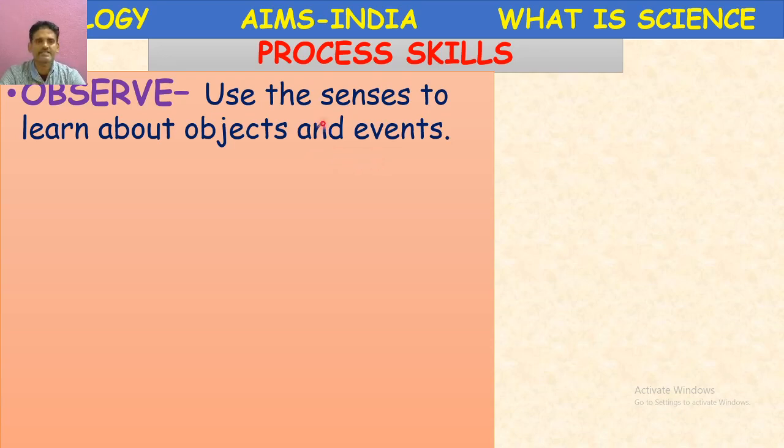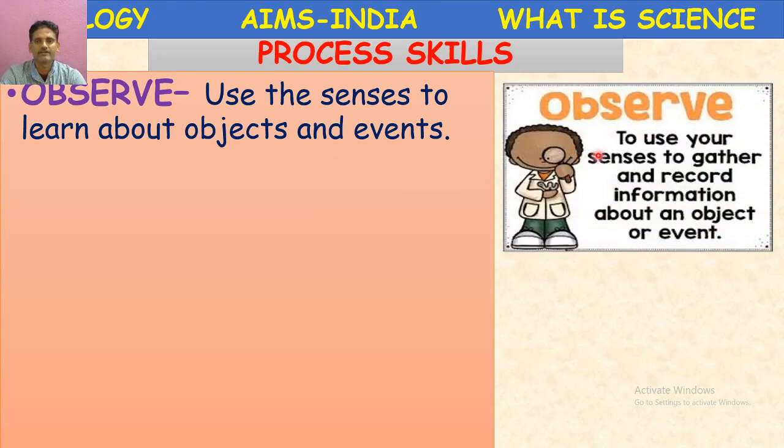Whichever senses are possible, you have to use them in observing. That is called keen observation, the first process skill. Use your senses to gather and record information about an object or event. Whatever you observe, you have to record it.